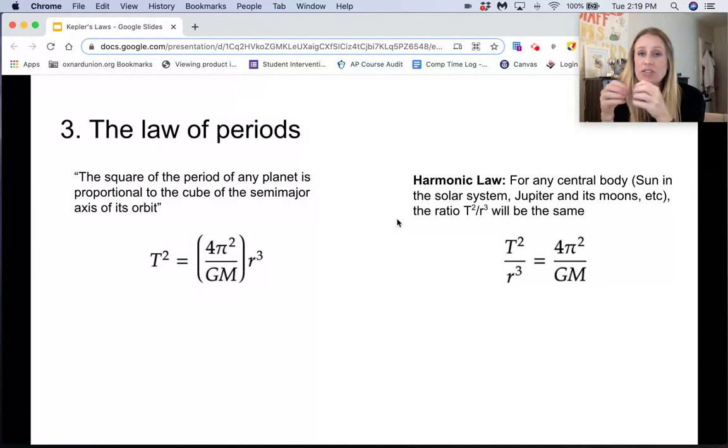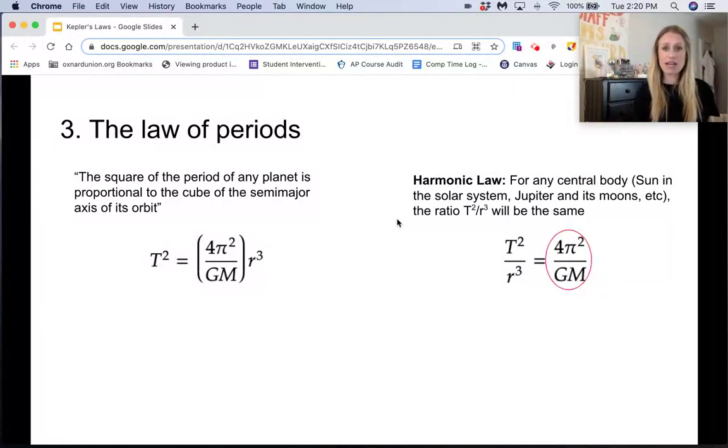So for any central body, and in this case we're talking about the sun in the solar system, we can also talk about Jupiter with its moons orbiting around Jupiter, or the Earth and all the satellites orbiting around the Earth. So any central body, the sun, Jupiter, the Earth, anything that other things are orbiting, has the same ratio of period squared over r cubed for every single planet that's orbiting it.